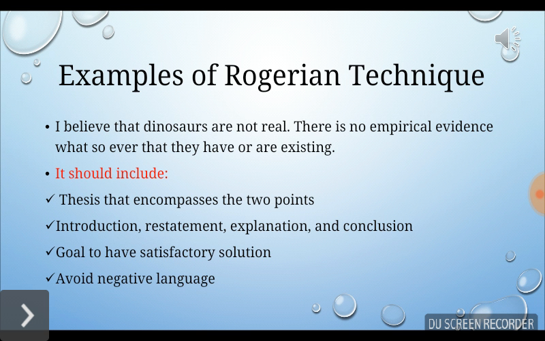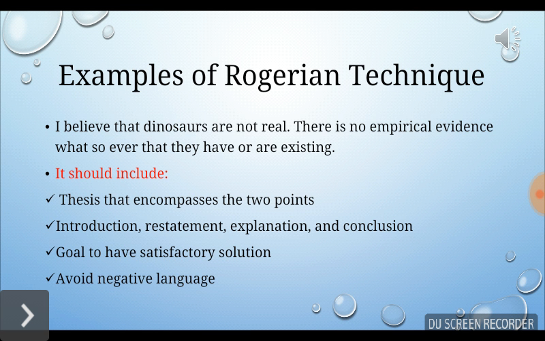An example of a Rogerian technique is: I believe that dinosaurs are not real. There is no empirical evidence whatsoever that they exist.